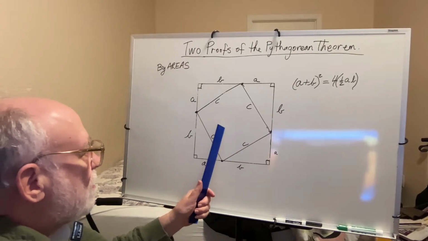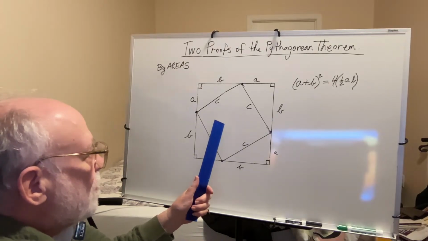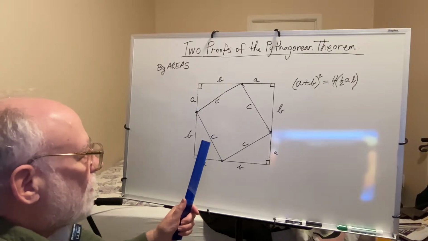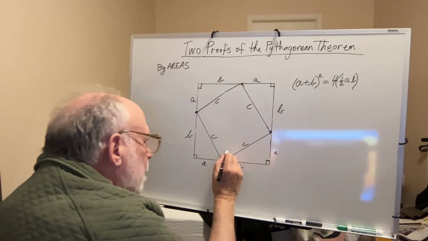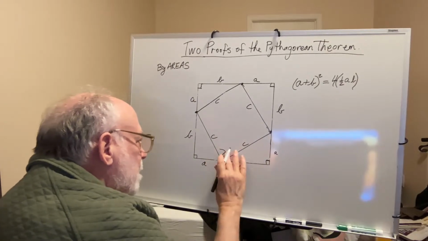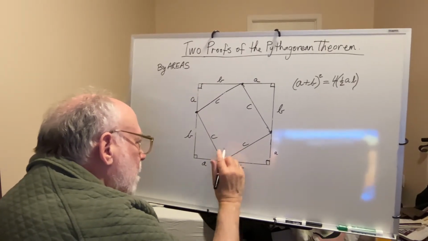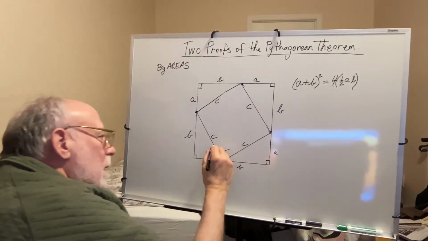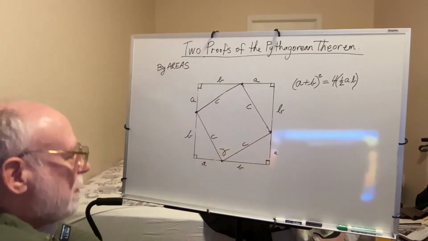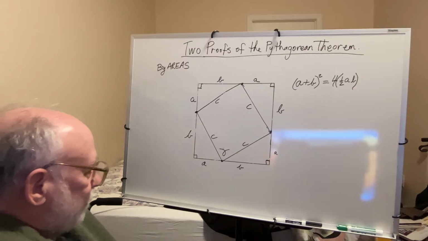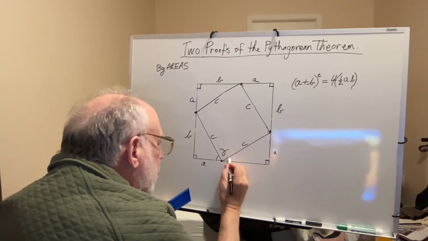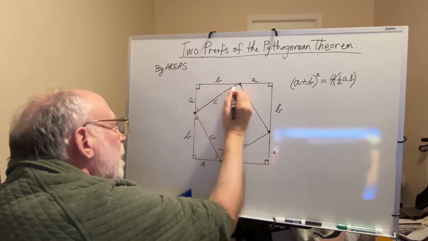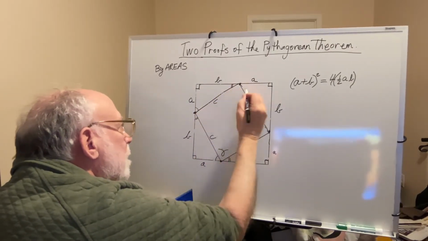Is this a square, or is it just a rhombus, like a diamond in the sky? So we want to know, what about this angle here? Call this angle gamma. Is this a right angle? Well, the acute angles of a right triangle are complementary. They add up to 90 degrees.